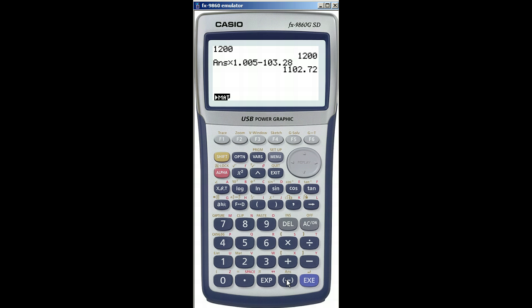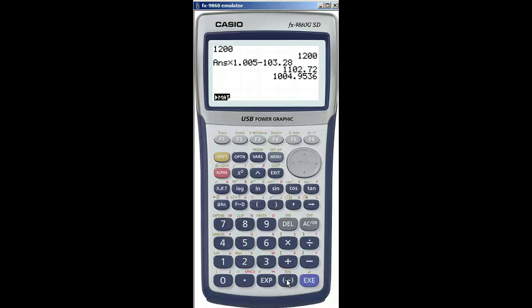you get charged interest, but you've made a payment, so your balance has gone down. And then you repeat. Watch your balance. It started at $1,200. After a month, it was $1,102.